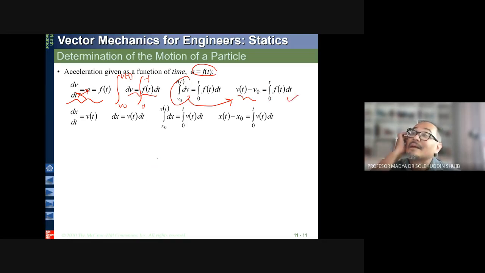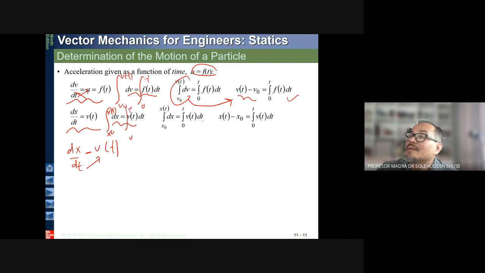Same thing for the next one, which is now the velocity. This time it is x: dx/dt equals v(t). Again, same thing, you cross multiply, so you get dx equal to v(t) dt, and then you integrate both sides, with limits x0 to x(t) and from 0 to t.